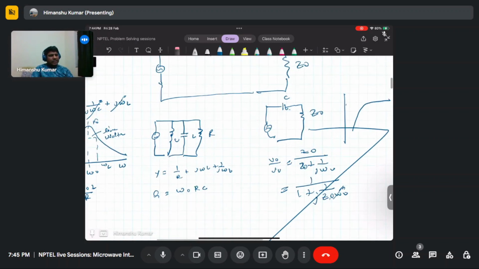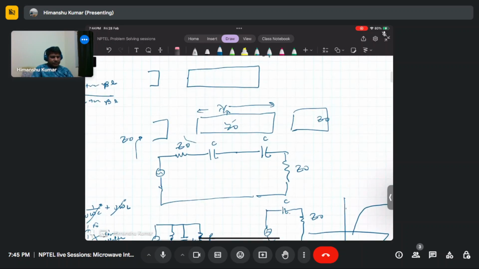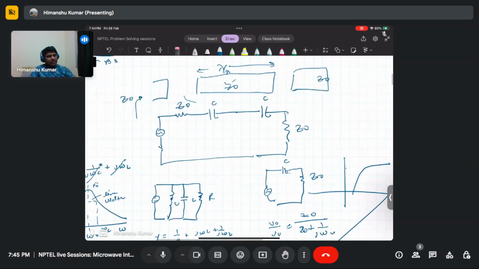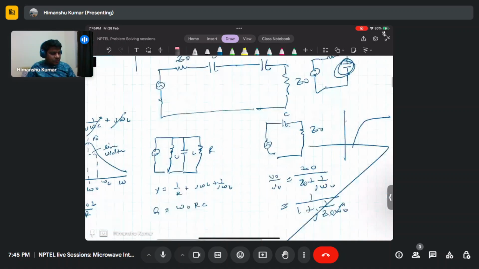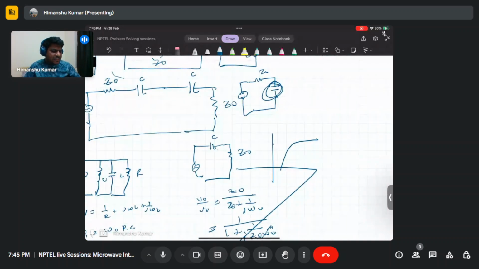Similarly, if you can design the element such that your load line is capacitive, and this is Z naught and this is the capacitor line. To create the capacitance, you need to create a shunt. So to realize the low pass, you need this kind of circuit.